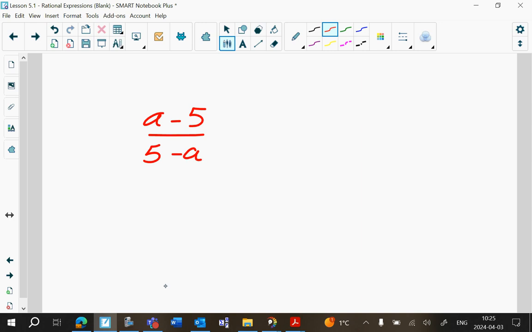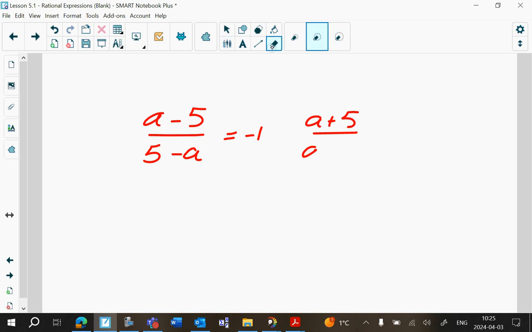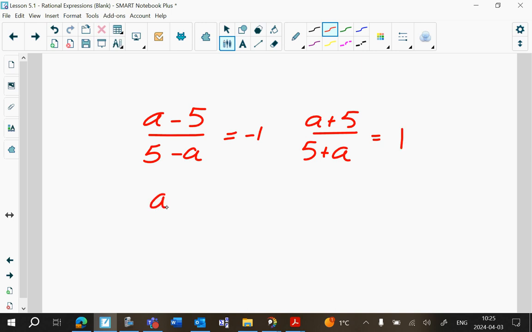Because it's subtraction and they're reversed. What does that reduce to? +1. What does that reduce to?